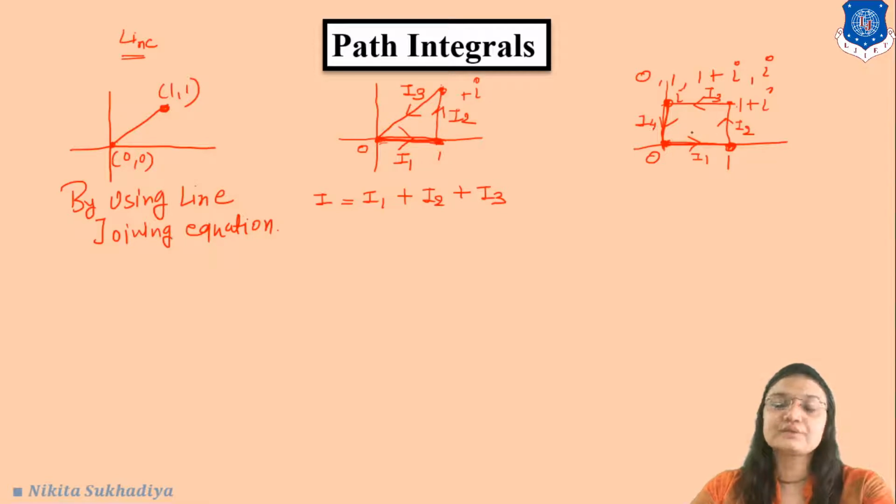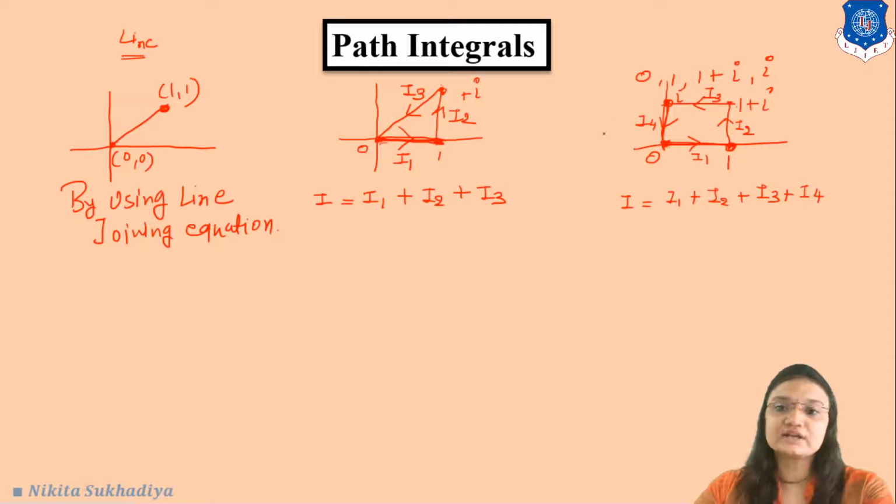So here we have to find 4 integrals: I1, I2, I3 and I4. By adding them we get our final integration along the path 0, 1, 1 plus i and i.